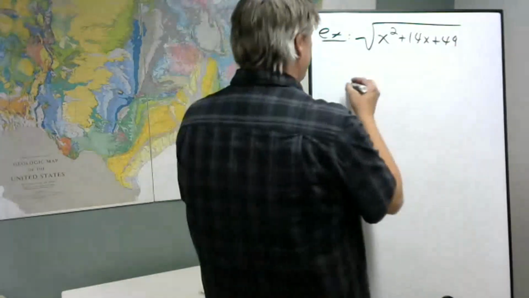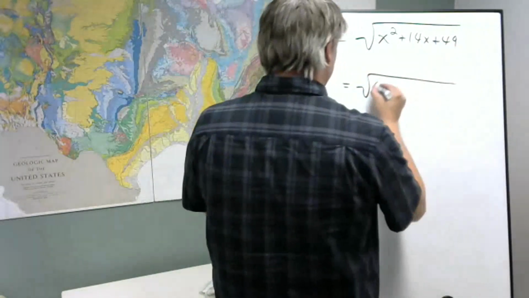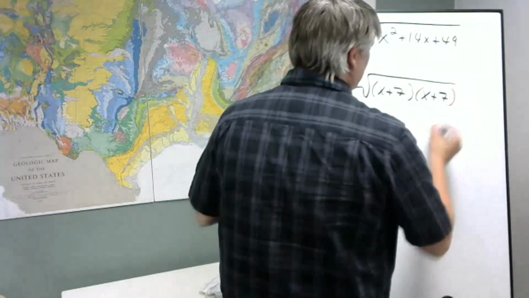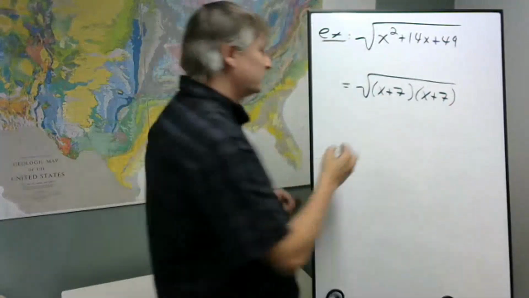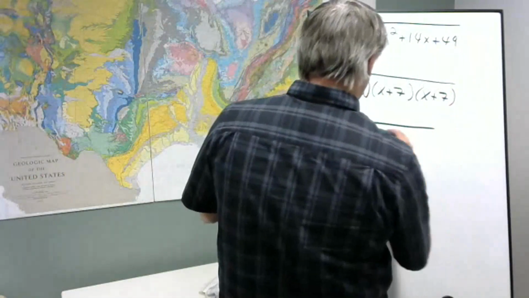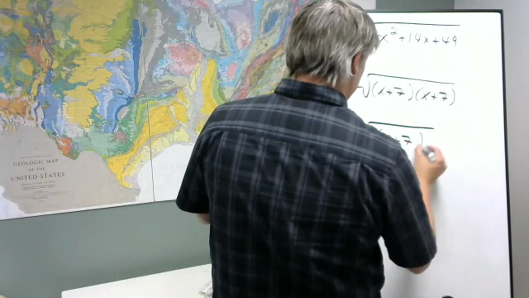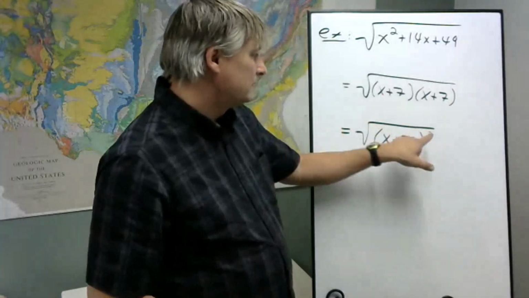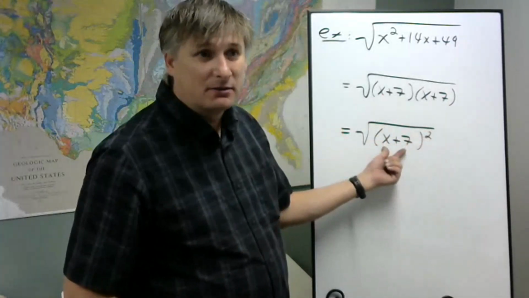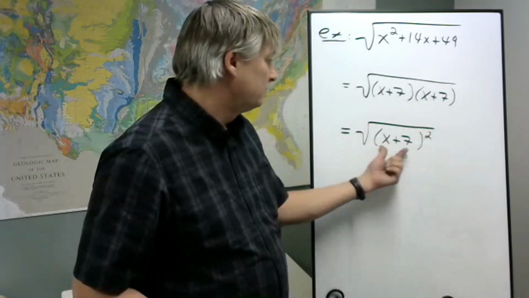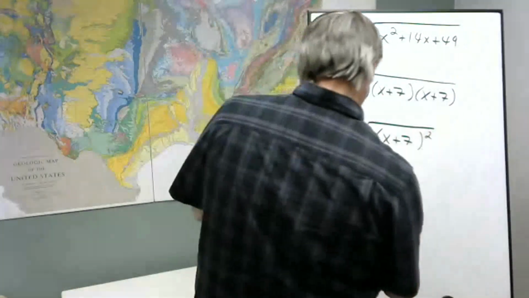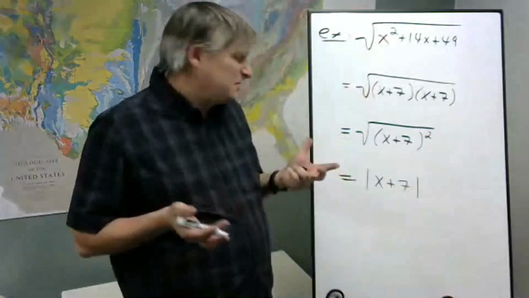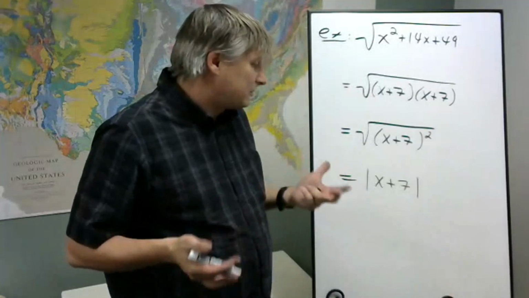And so we can rewrite this as x plus 7, x plus 7. Or this is x plus 7 squared. Now, once again, we got a positive square root, a square, and then something on the inside. And that means we take the absolute value of whatever's on the inside. And there's nothing positive to factor out, so that's going to be our answer.